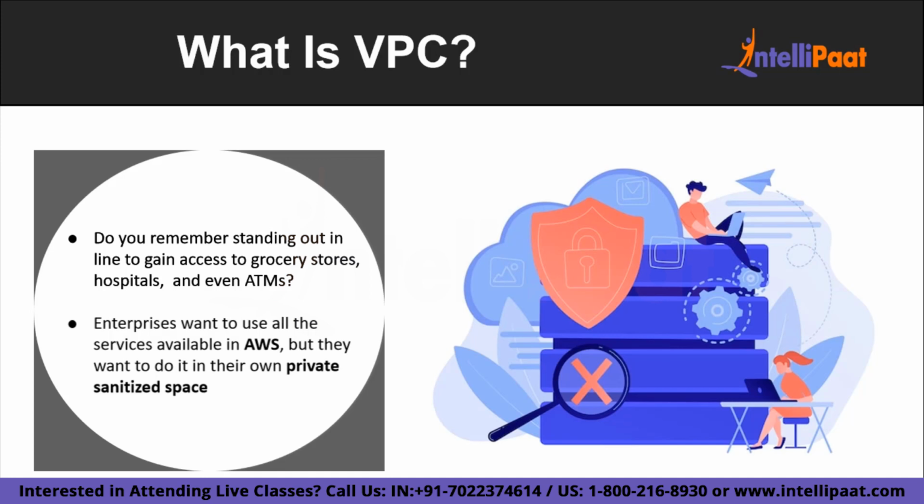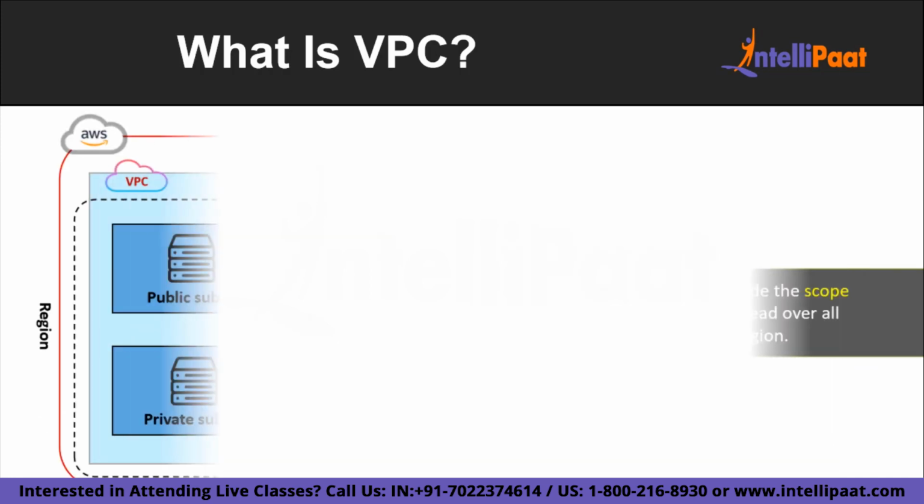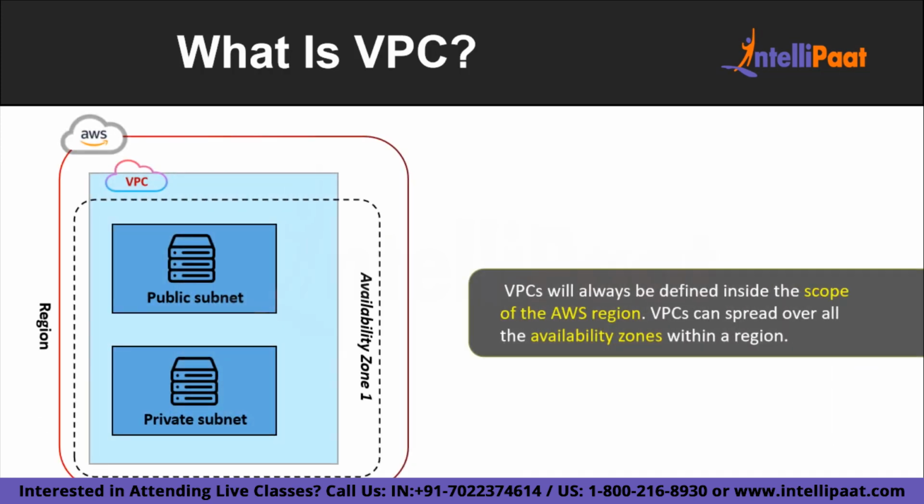VPC leverages the AWS users to create their own network and sort of use all the services of AWS as per their requirements. Now to define VPC formally, let's consider this illustration over here. The blue box isolated inside the AWS region is VPC. That means the VPC will always be defined inside the scope of AWS region. Furthermore, there are many availability zones within the region itself, as you can see here.